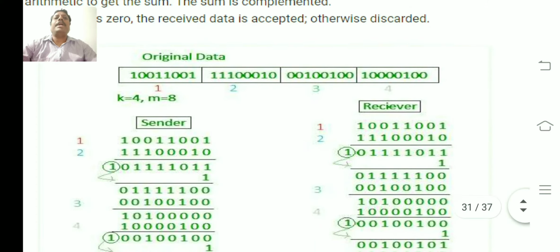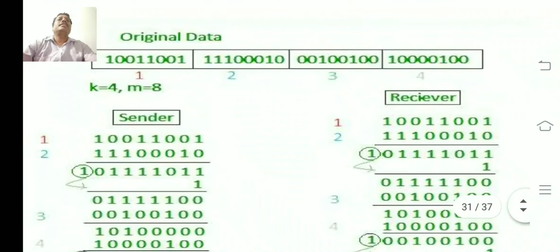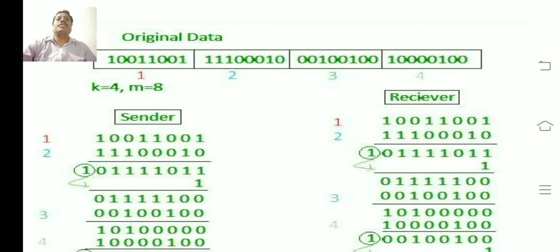Each byte will be added. Look here, the first byte is 1001 1001, and it will be added with the second byte, 1110 0010. 1 plus 1 sum 0 carry 1.